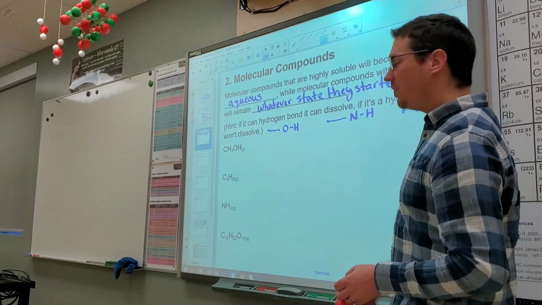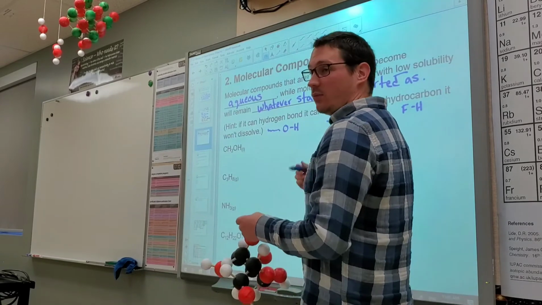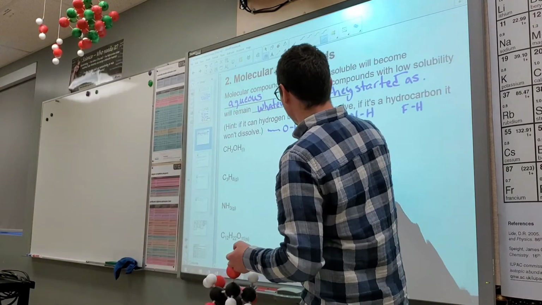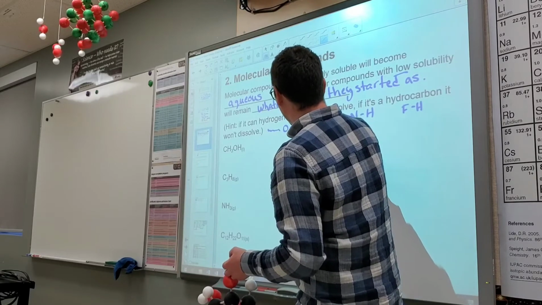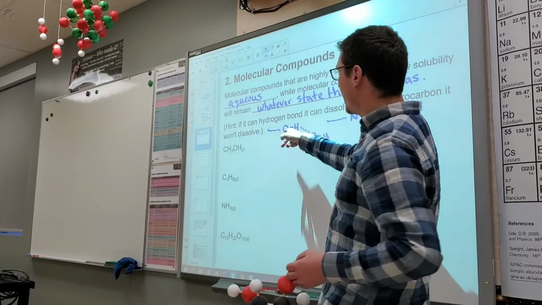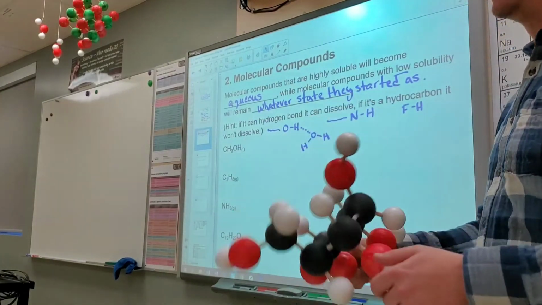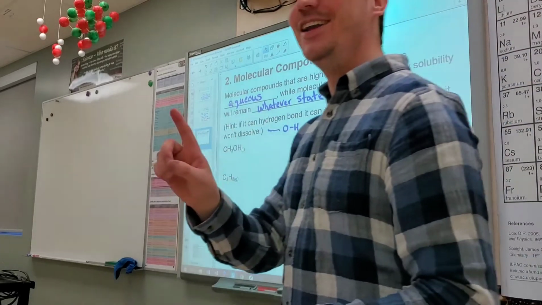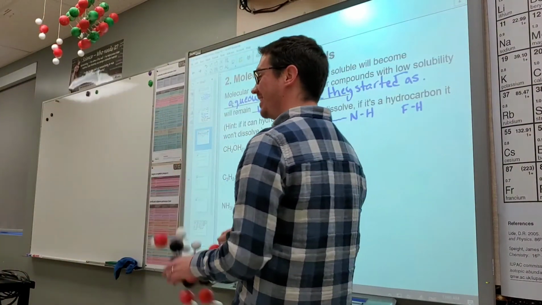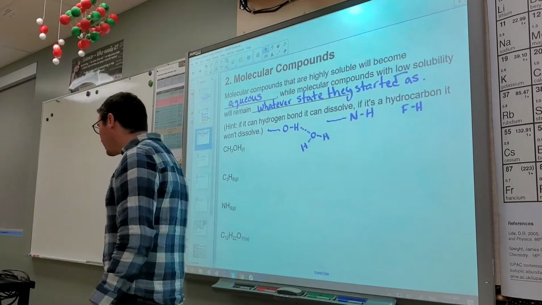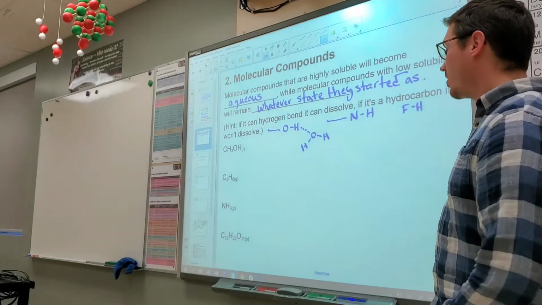Because this thing has an OH, and what else has an OH? Water does, right? So water can hydrogen bond to that compound. They can be really attracted, and so this thing can be dissolved. Do you kind of remember that from Chemistry 20? A little bit. Okay. So if it can hydrogen bond, then it will be soluble.